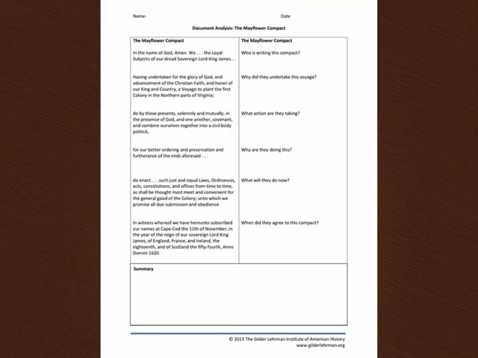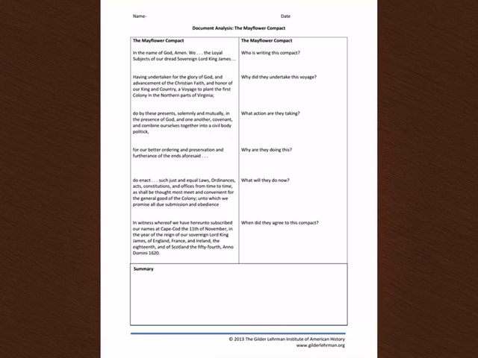Next paragraph. Having undertaken for the glory of God and advancement of the Christian faith in honor of our king and country, a voyage to plant the first colony in the northern parts of Virginia. So why did they undertake this voyage? What do you think undertake means? I was going to say take over. Not take over.